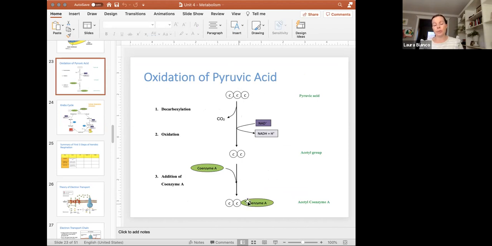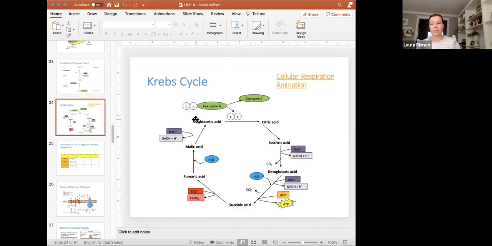So you ended up producing 2 molecules of acetyl coenzyme A. So that means there are 2 molecules of acetyl coenzyme A that are going to go through the Krebs cycle. So this is going to happen twice, once with each of the acetyl-CoA molecules.